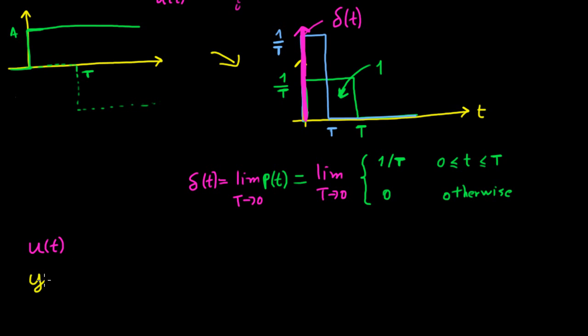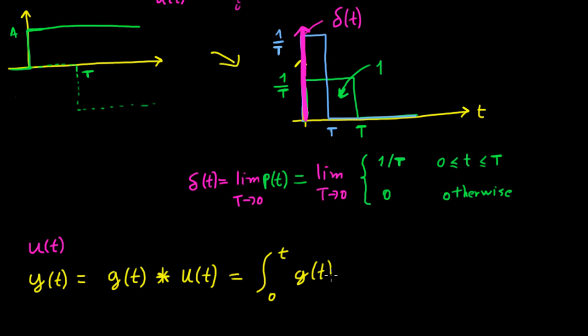So the output y of t is given by the convolution of g of t, and remember, convolution is an asterisk, the new input, which, if you remember the definition of the convolution, is the integral from 0 to t of g of tau, the impulse response, times u of t minus tau d tau.